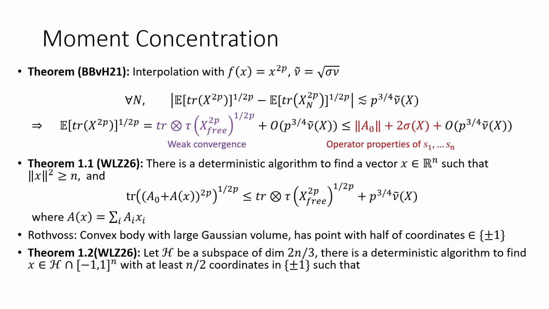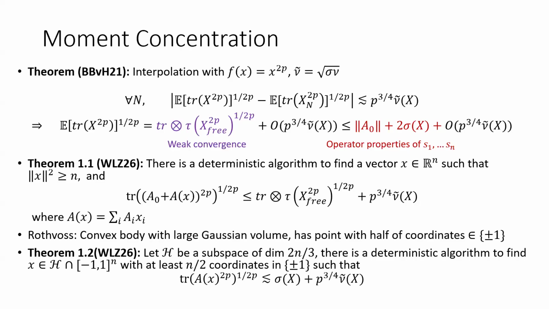In particular, for any large enough subspace H of Rn, I can find a vector x in the subspace where each coordinate is bounded by plus minus 1, and half the coordinates are equal to plus minus 1. And again, I want the moments of the matrix, when signed by these vectors, to be upper bounded by this kind of sharp concentration inequality.